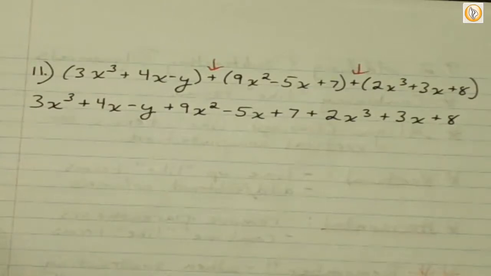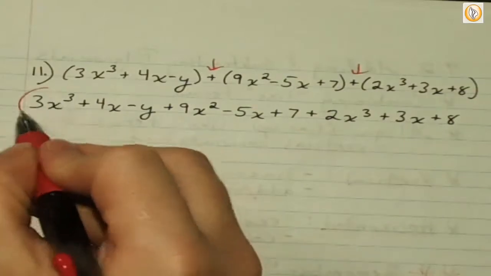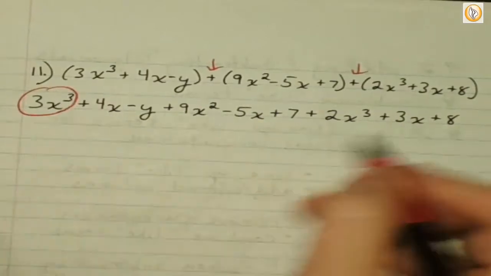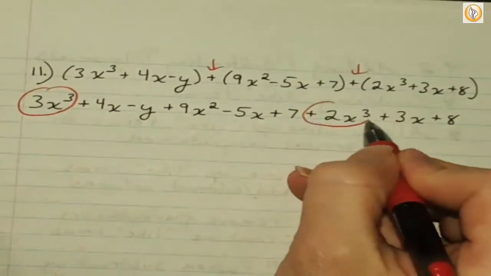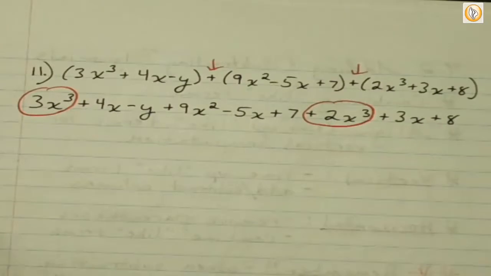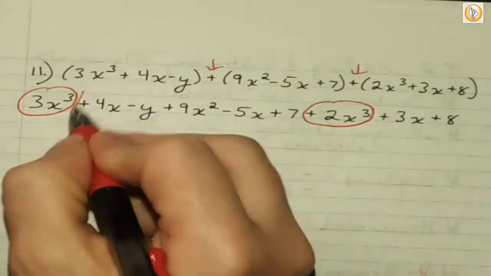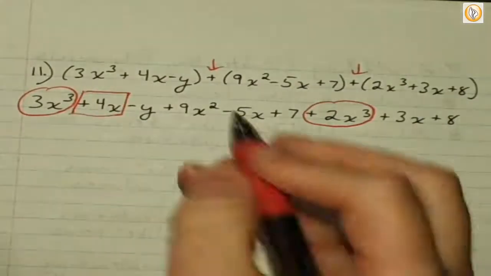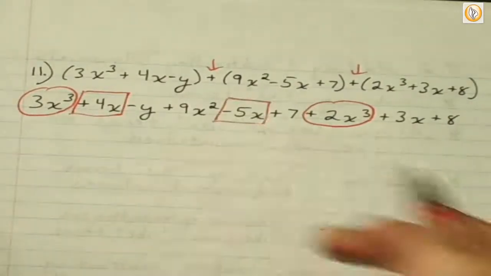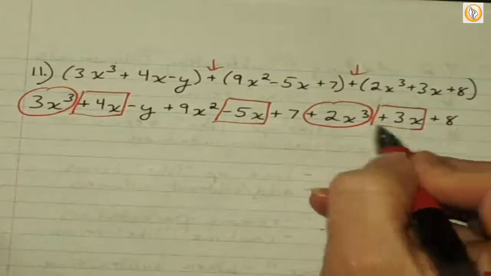Now we can go back to that old-fashioned combine like terms. So I can do 3x cubed and 2x cubed. Make sure you keep the sign in the front. I can do plus 4x and negative 5x and positive 3x.